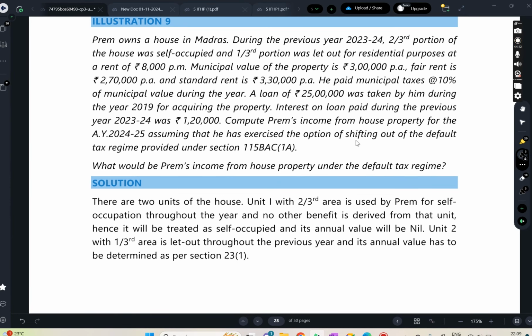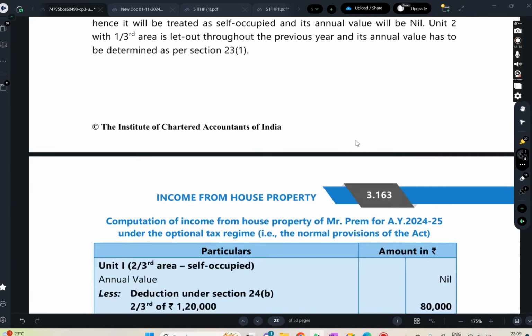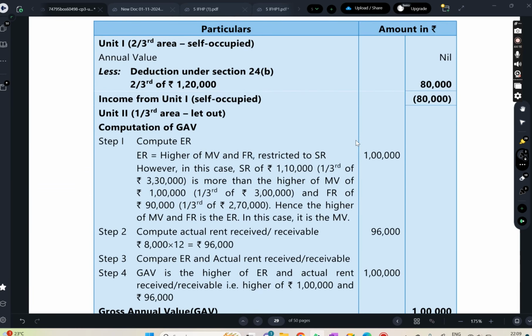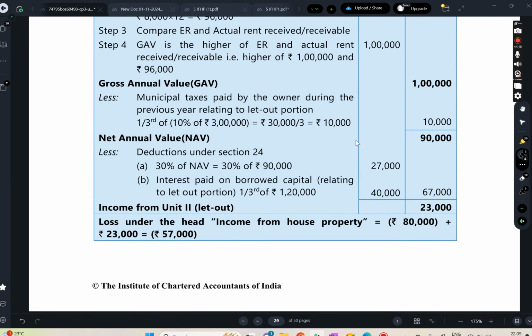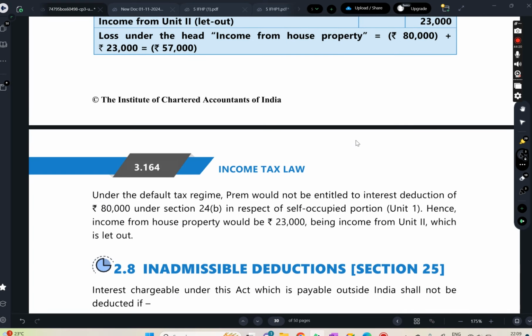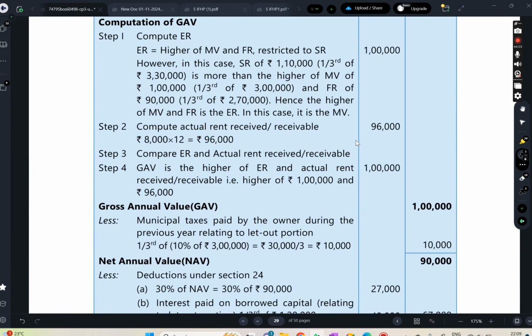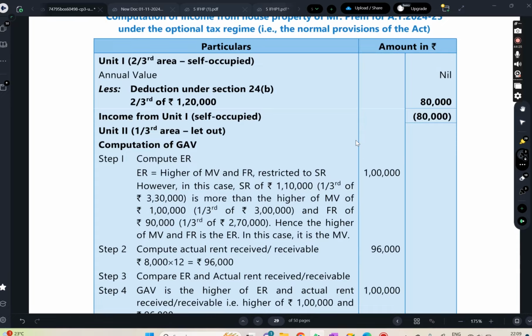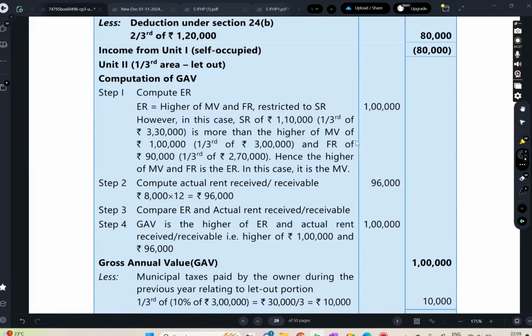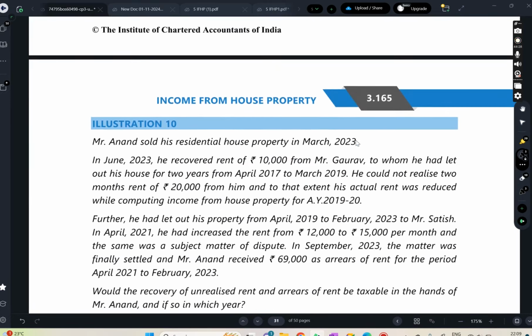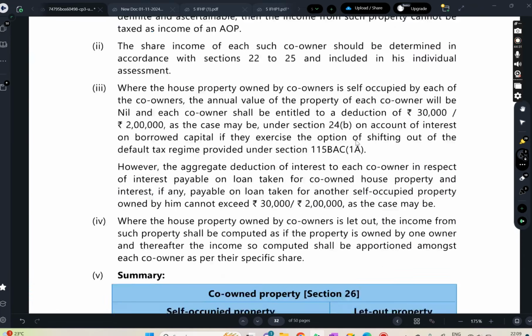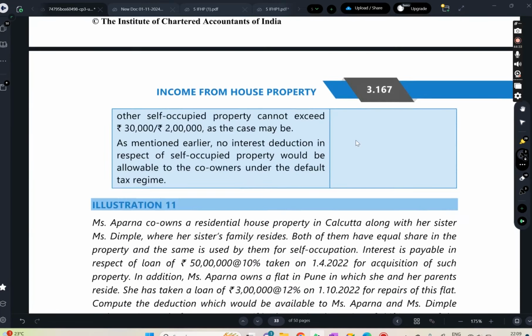Next. Yeah, so this would probably be co-ownership. Okay, co-ownership is here.